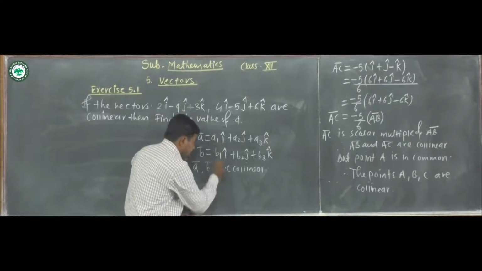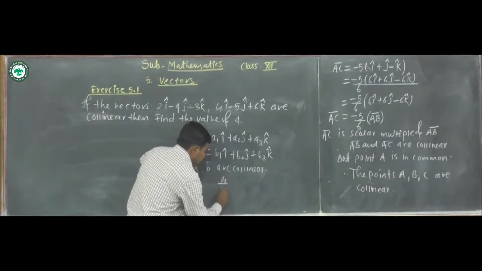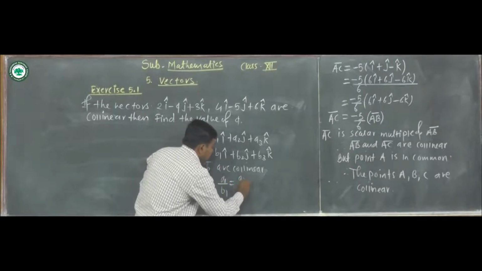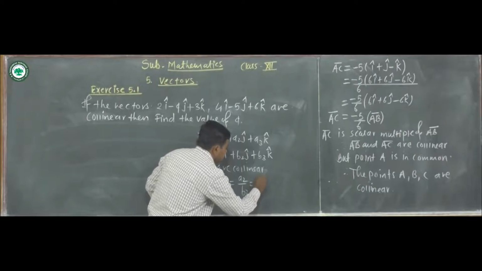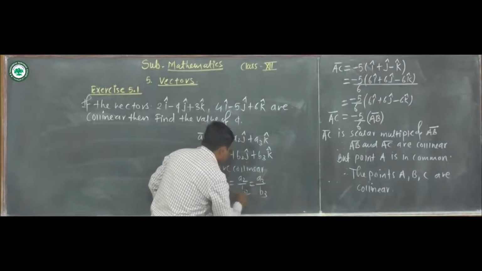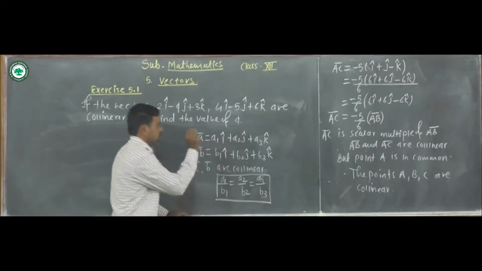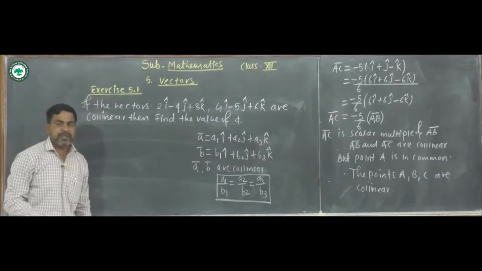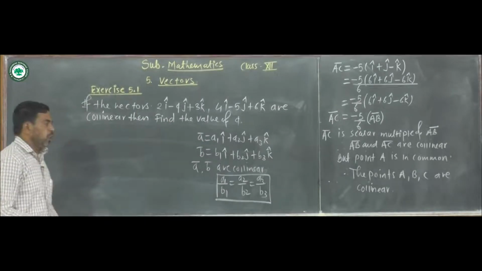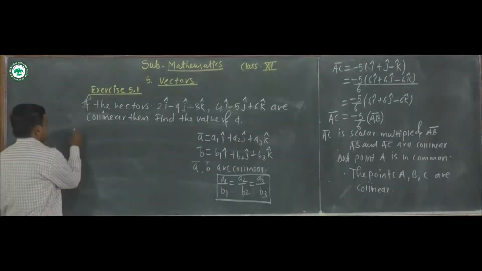It means that A1 upon B1 is equal to A2 upon B2 is equal to A3 upon B3. So this holds if two vectors are collinear.